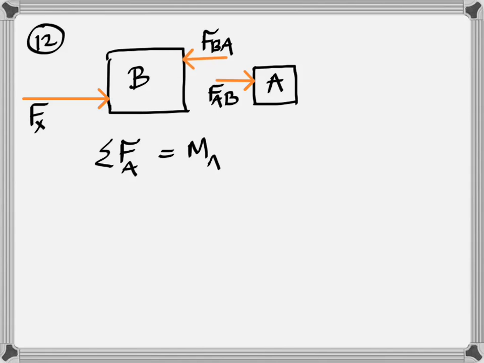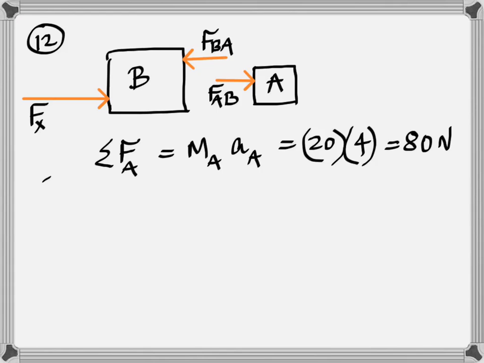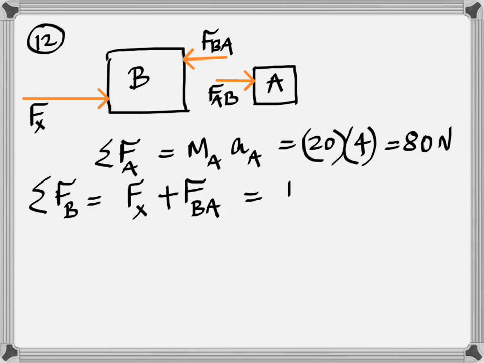Now to find the net force on A, or rather FAB, you get 20 times its acceleration as 80 Newton. That is the net force on A. Now the net force on B is the sum of, again, don't take a negative because an unknown quantity is always taken as positive. So Fx is unknown, we just drew it in that direction, we do not know. So Fx plus FBA, net force is 40 times 3.